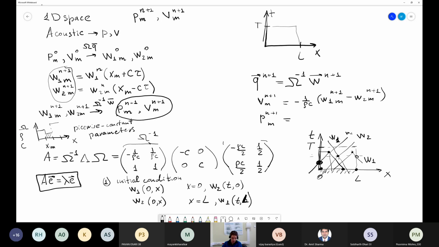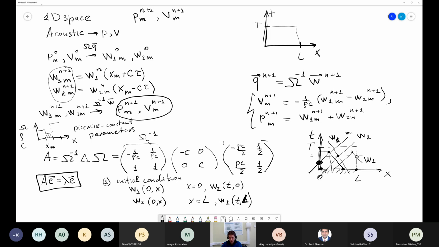And here is W1 m n plus 1 plus omega 2 m n plus 1. You have two equations here. This is the direct substitution of this matrix omega minus 1 in this vector equation.